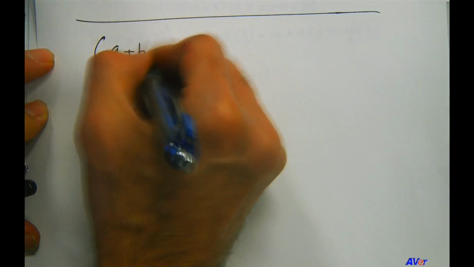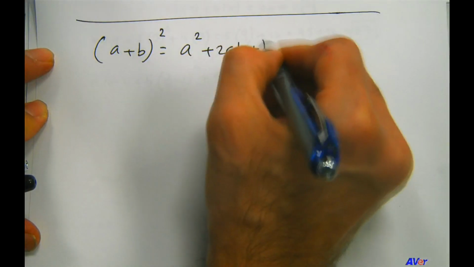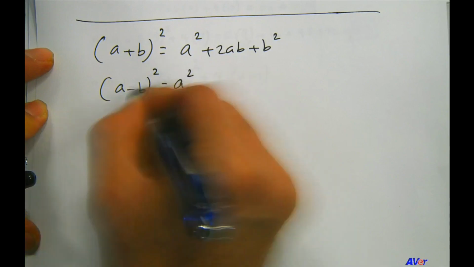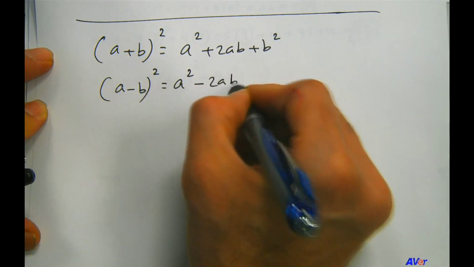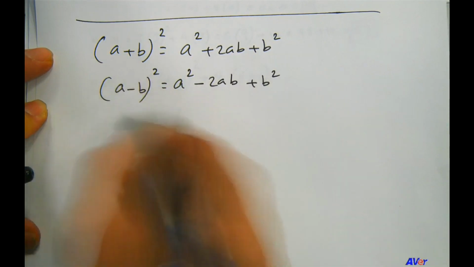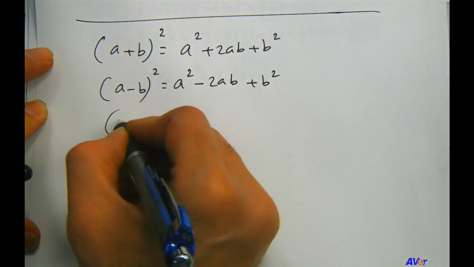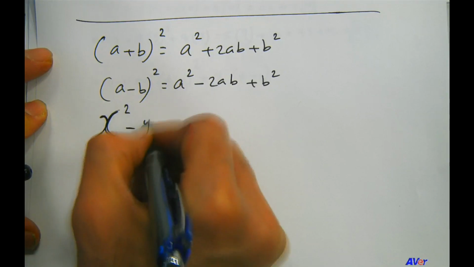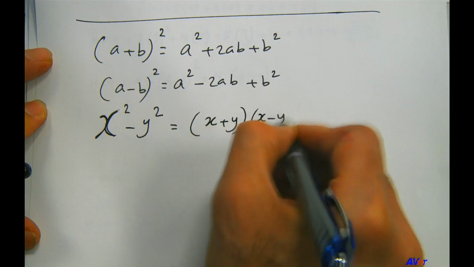So a plus b squared is equal to a squared plus 2ab plus b squared. Now the same thing has a minus in between, which is the one we just did for our example: a squared minus 2 times the first term times the second term plus b squared. So that's the second. The other one is if you have x squared minus y squared, that's equal to x plus y times x minus y.